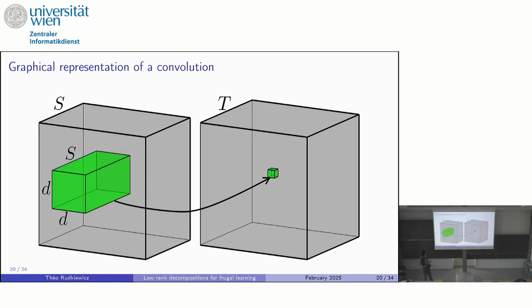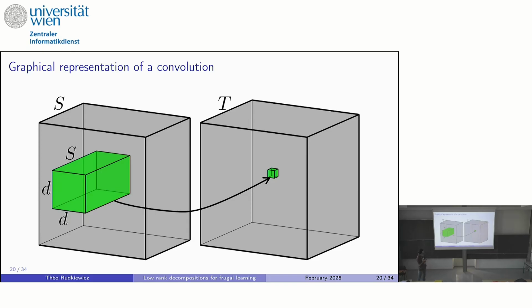And then we have a certain amount of output channels T, and for each output channel, we have a different block, so a different set of parameters. So in total, the parameters form a 4th order tensor, because we have 1 order for the number of input channels, 1 order for the number of output channels, and 2 orders for the size of the image.